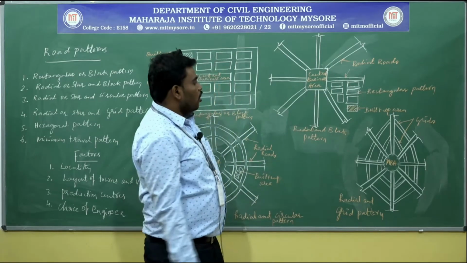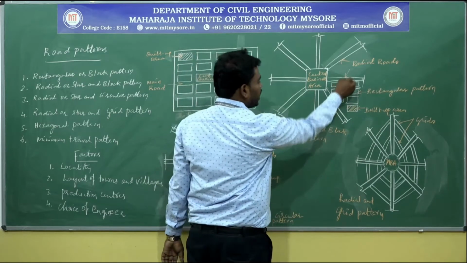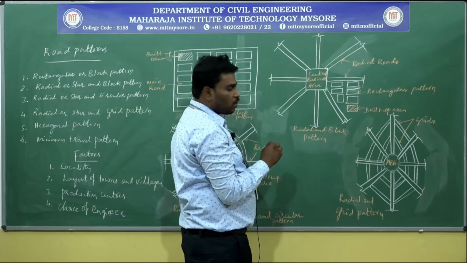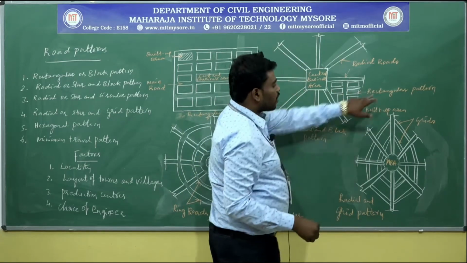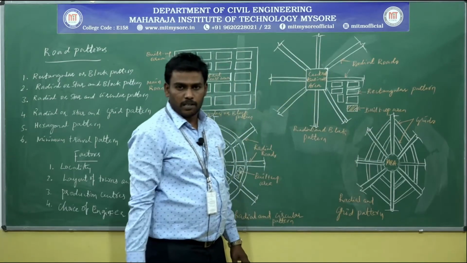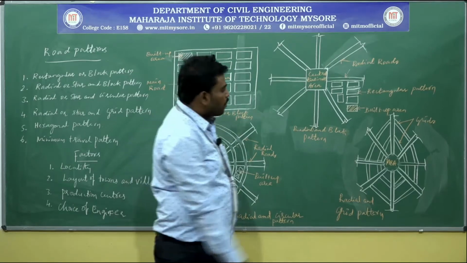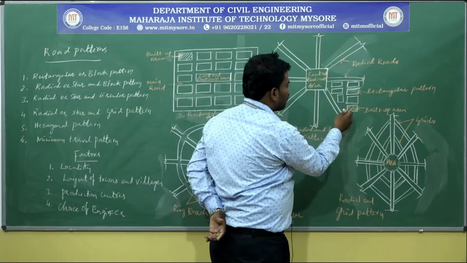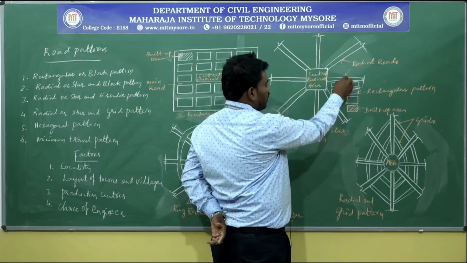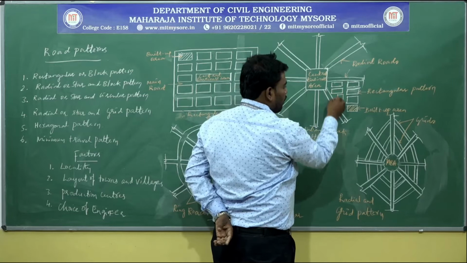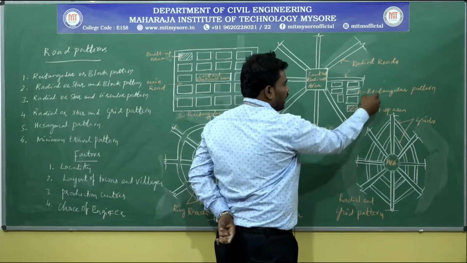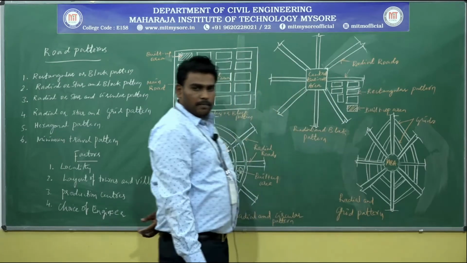Within those radiating roads, the built up area may be developed in terms of rectangular pattern. This is one radial road, another radial road. Between these two radial roads, the built up area may be developed in terms of rectangular pattern.